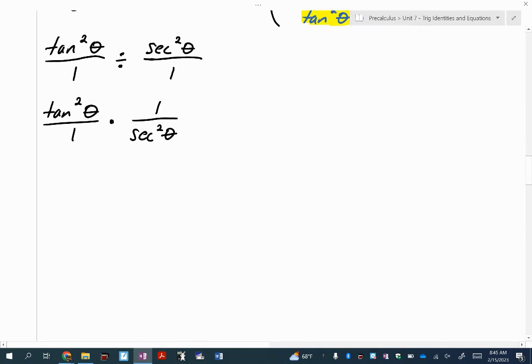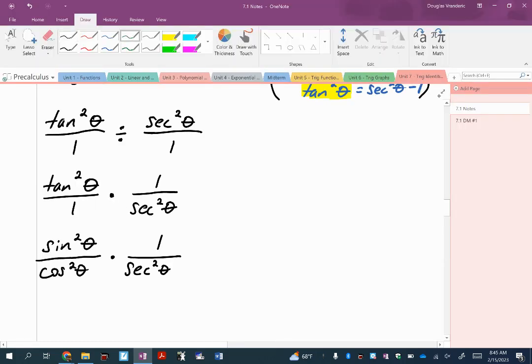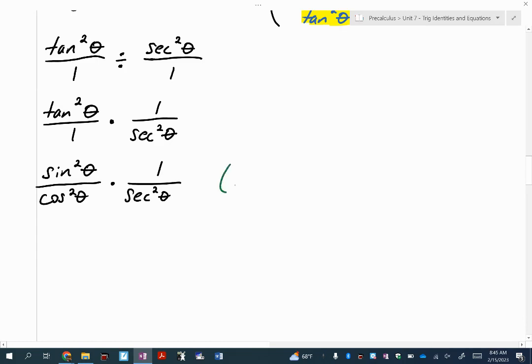So tangent squared theta, I'm going to rewrite as sine squared theta over cosine squared theta. So let's put that here. And then I'll use my different color to show you what I just did. So I just did tangent squared theta equals sine squared theta over cosine squared theta.